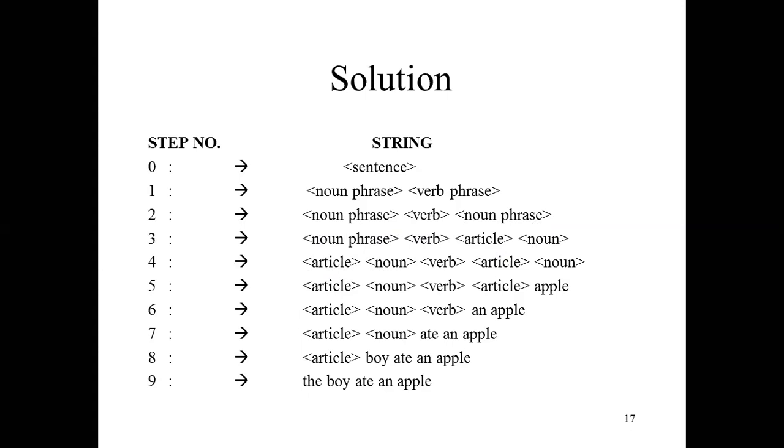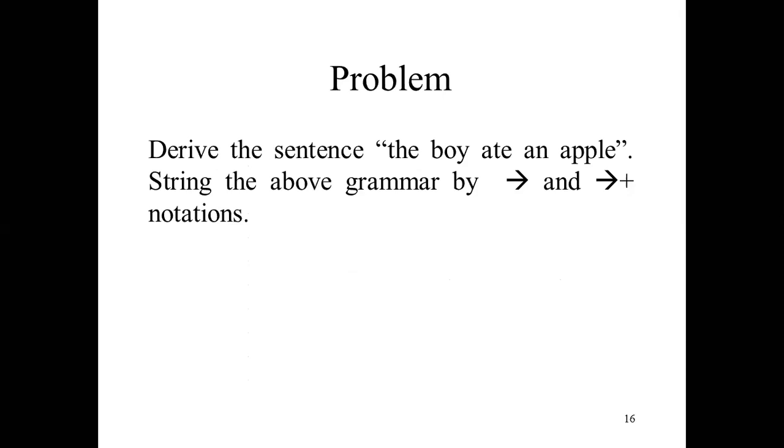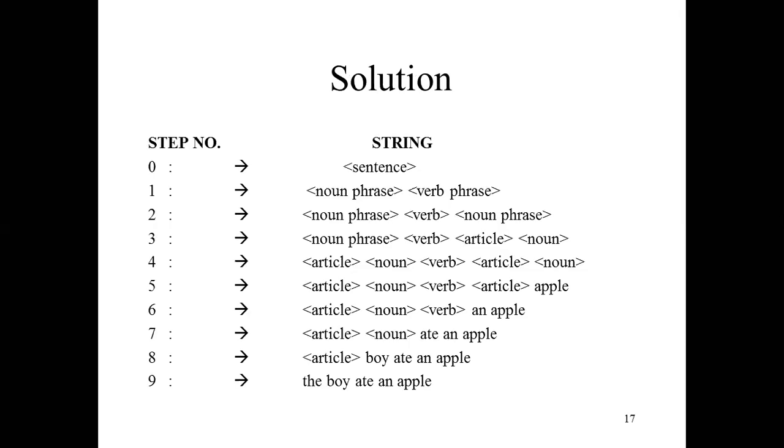Again, start from the right hand side. I am writing article, article, noun, noun, verb, verb, article, then noun. What is the noun? As per our sentence, it is apple. It is already given in the sentence. No need to write by your choice, the sentence will be provided to you.